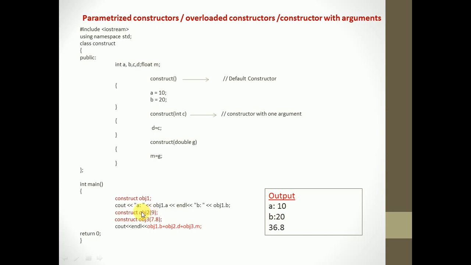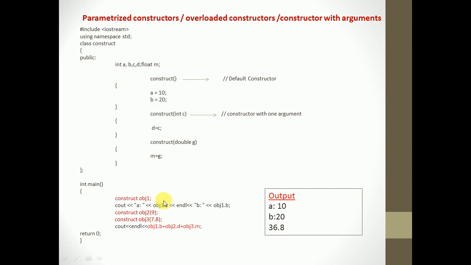Okay. Now construct obj2 of 9. Now you are trying to create yet another object. So we know already once the object is created, it calls the constructor. But you have an argument over here and you have 9 inside that argument. So it automatically searches for a one argument constructor with a data type integer.